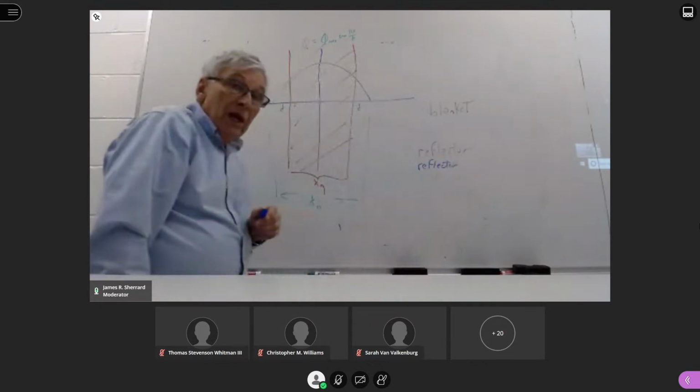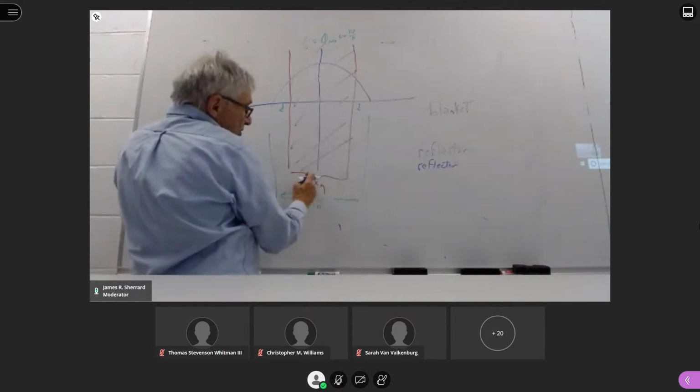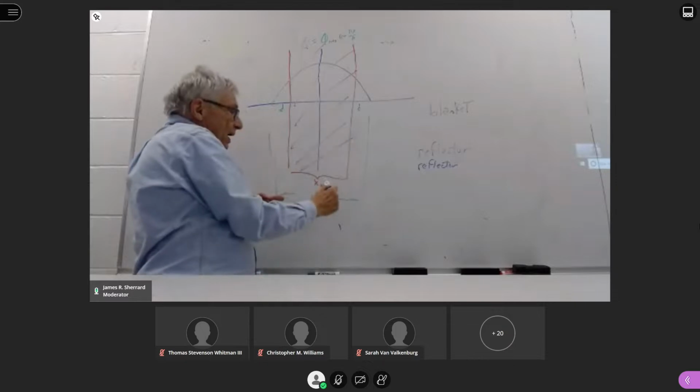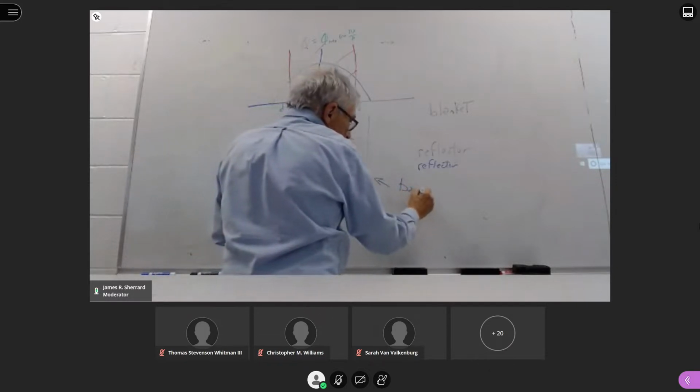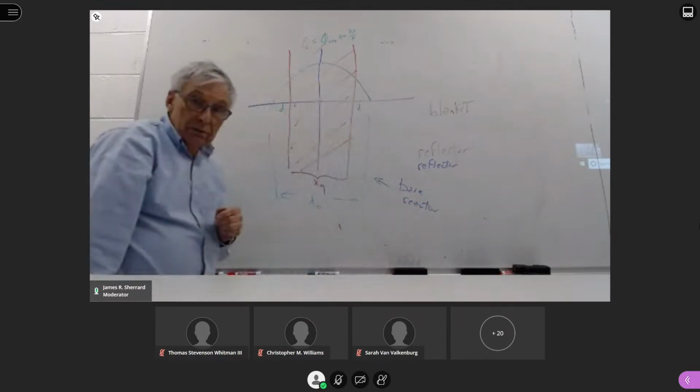And what you do is you place at the outer edge of this, and by the way, since this is just fuel by itself, this is called a bare reactor.